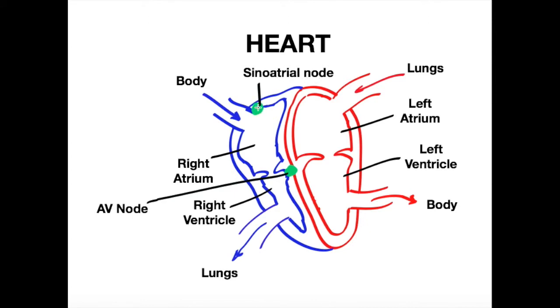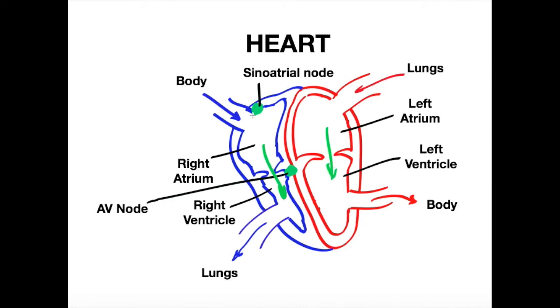When an electrical impulse hits this node, the node sends a wave across the atrium on both sides. That causes the two atriums to squeeze or contract and push the blood downwards. So the blood will go from here that way.